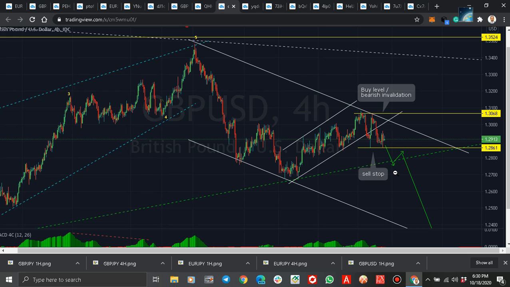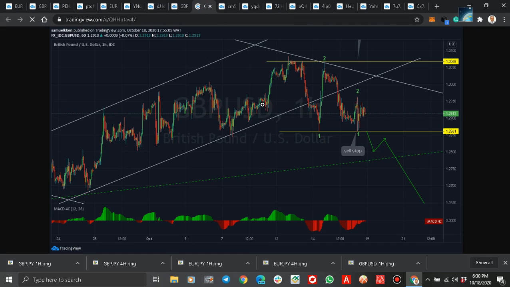My only forecast is that it is going down towards the 1.12 area or even below. But we may have surprises. If here is taken out, then we consider buying towards this line. Okay, that's for 4 hours.